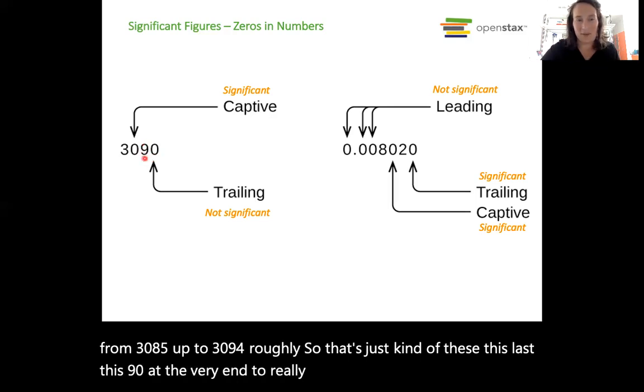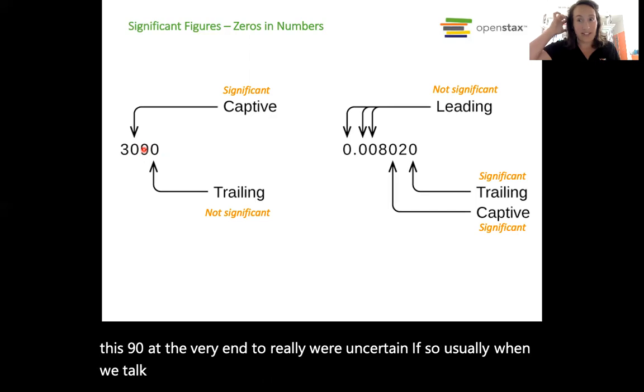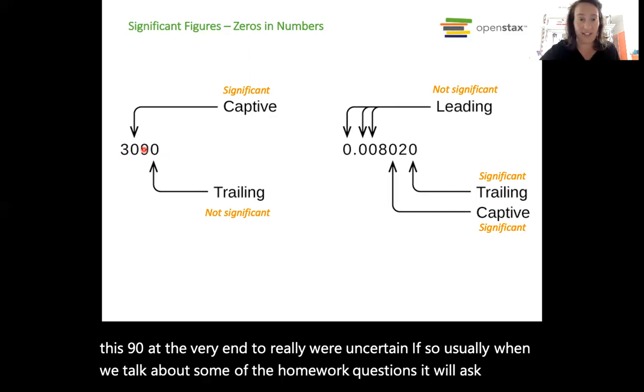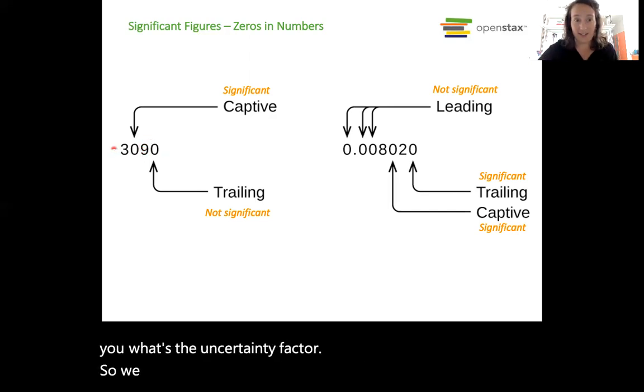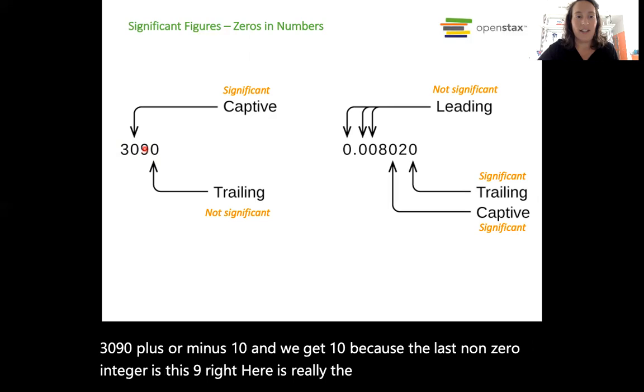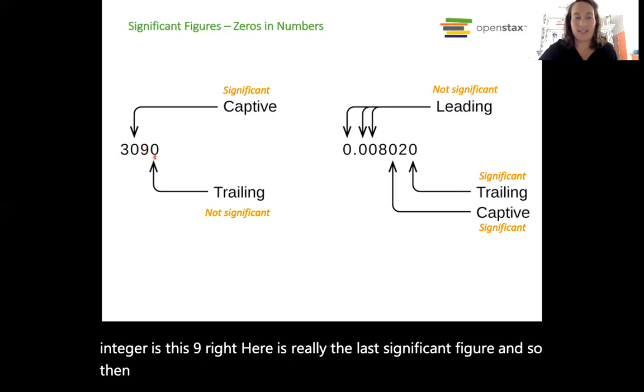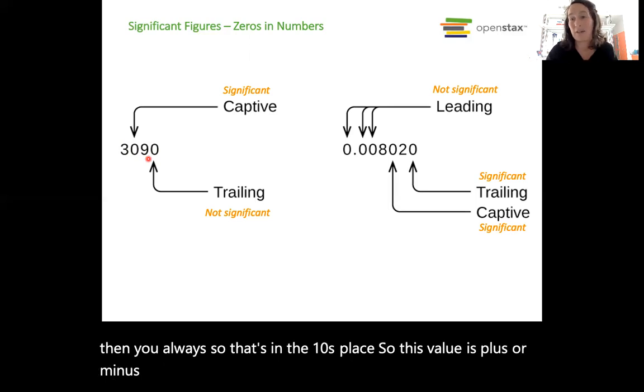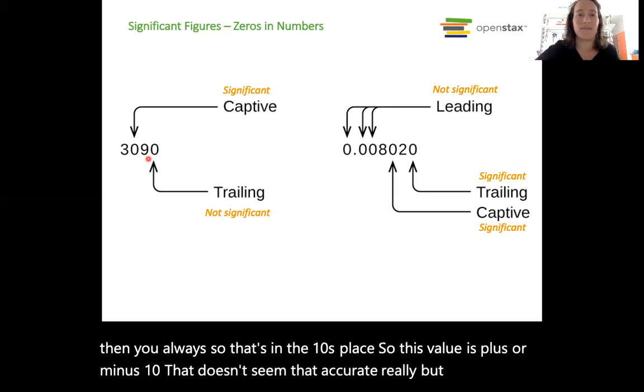In some homework questions, it'll ask you for the uncertainty factor. With a number like this, our uncertainty factor would be 3090 plus or minus 10. We get 10 because the last significant figure is this 9 right here, which is in the tens place. That doesn't seem that accurate really, but it depends on what you're measuring.